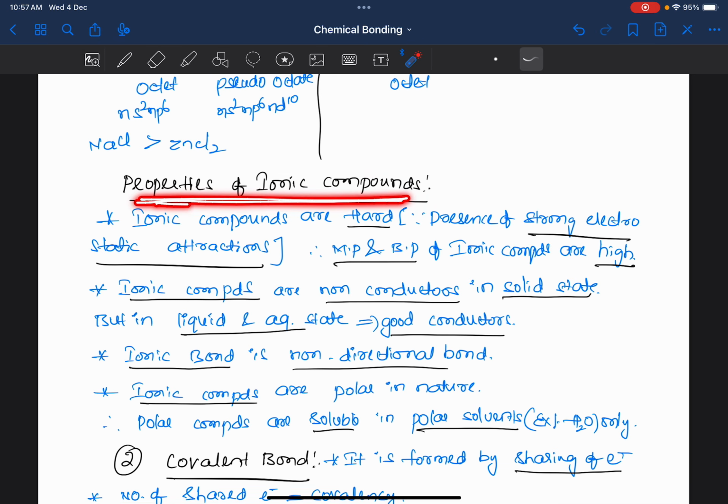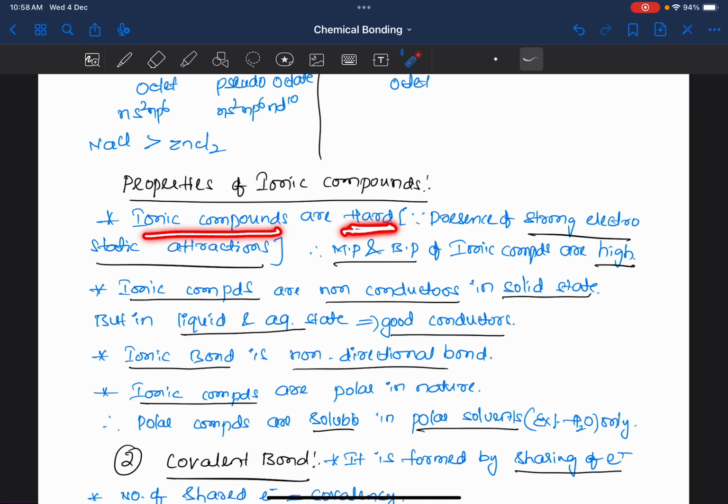Properties of ionic compounds. See here I have given it in a simple manner to easily understand. So if you see it once, then you will get that. See and listen, listening is also important. So what are the properties of ionic compounds? Ionic compounds are hard.